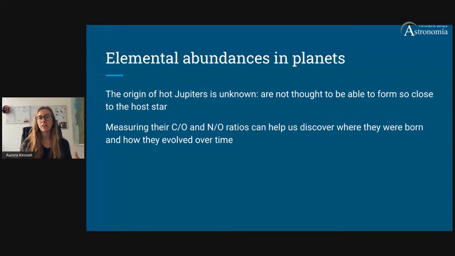And this is another kind of area that we're just starting to be able to do. And with telescopes such as James Webb and others coming soon, I think that we'll have a much clearer picture as to how much these carbon to oxygen ratios can tell us, and maybe get more information about how these planets are forming.